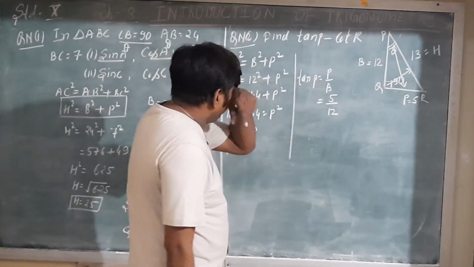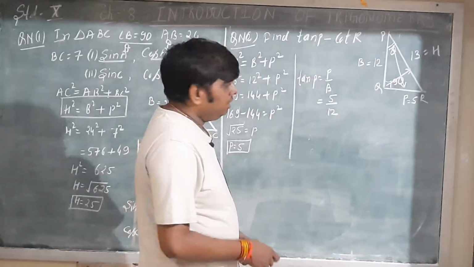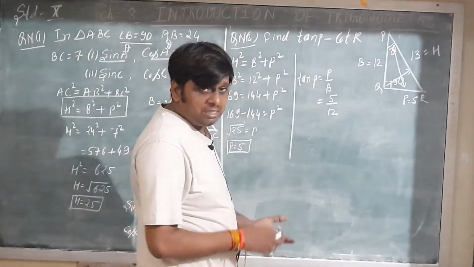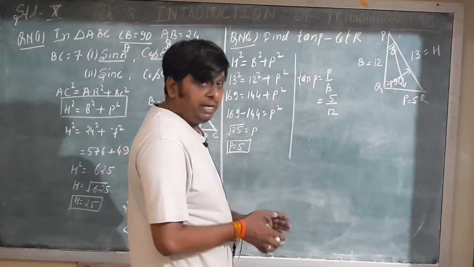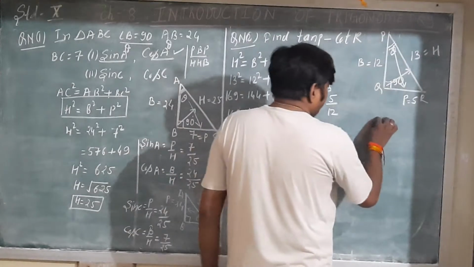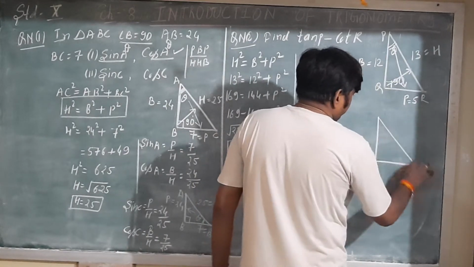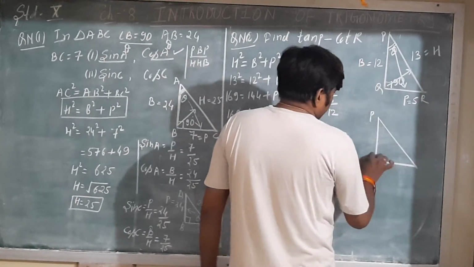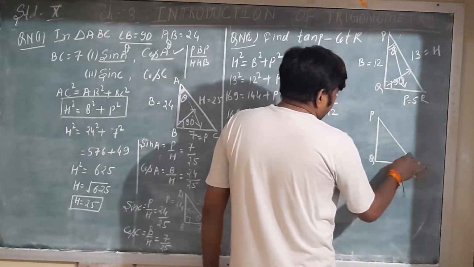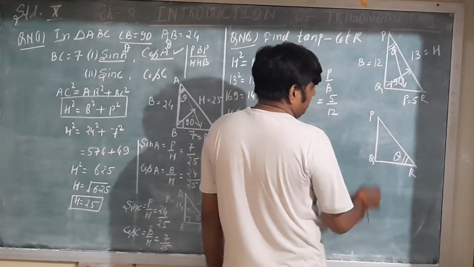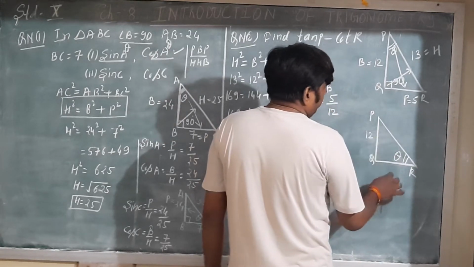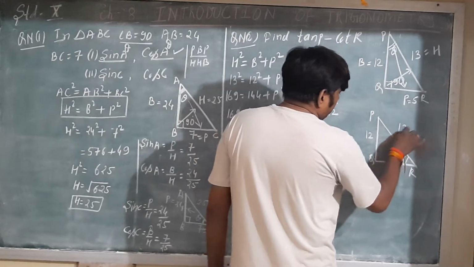Second, you find cot R. R means theta also changes, so the base and perpendicular change. So draw the next small diagram, PQR, with theta at R, with values PQ 5, QR 12 and 13.